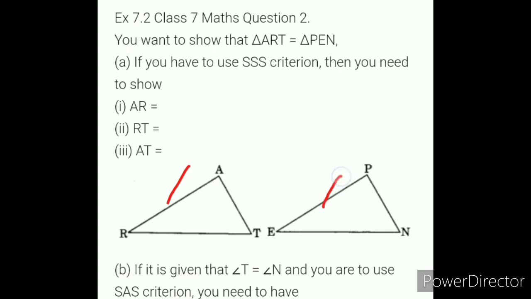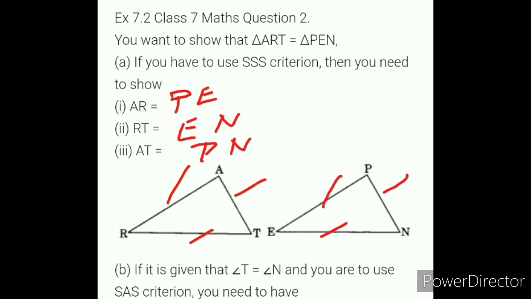Its corresponding part is PE. Yes, AR is equal to PE. Okay, next RT is equal to EN. Correct? AT is equal to PN. That's all. Copy down this answer.